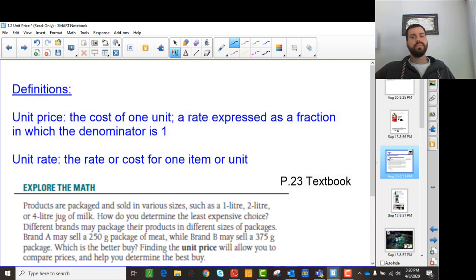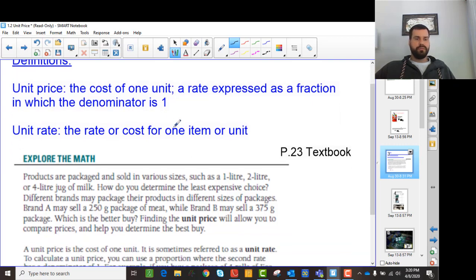Here's an example. It says products are packaged and sold in various sizes, such as a 1 liter, 2 liter, 4 liter jug of milk. And the question is, how do you determine the least expensive choice if they're different liters? Same thing with brands that sell packages of meat in different gram packages.